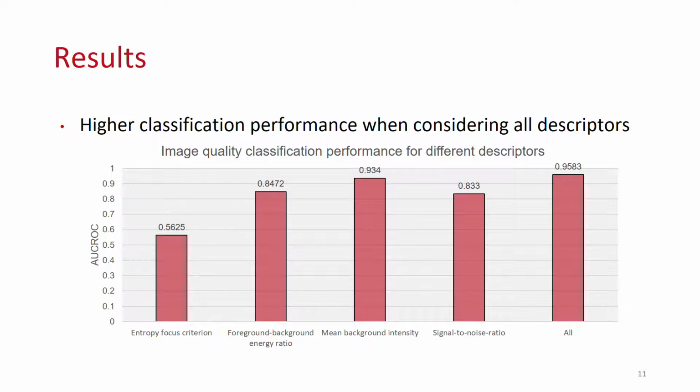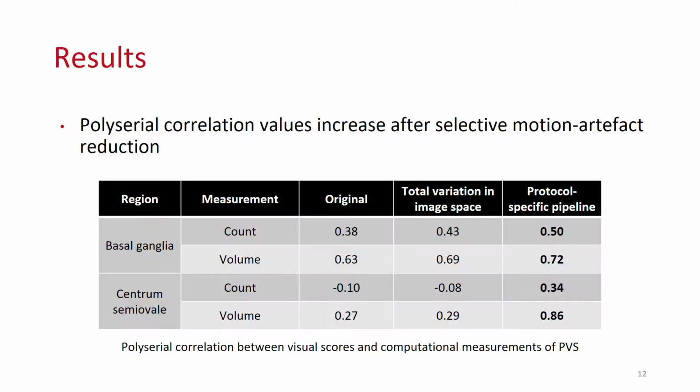So very good classification performance. What we did afterwards was to evaluate the Spearman correlations between visual scores and computational measurements that were obtained with the original images, the images that were selectively filtered using the total variation optimization scheme, and also our protocol-specific pipeline. As you can see, correlation values increased after using the selective motion artifact reduction strategy. This was particularly evident for the central semiovale.